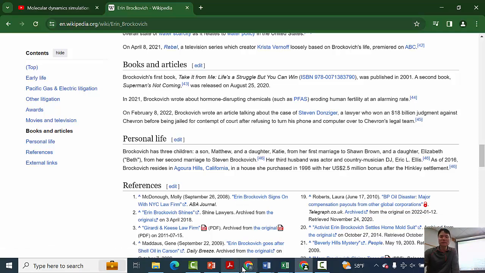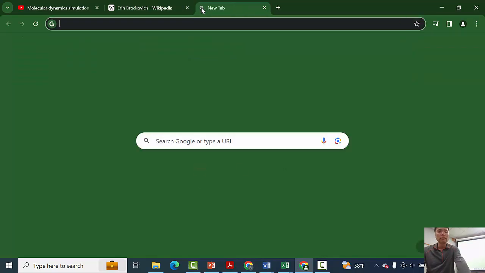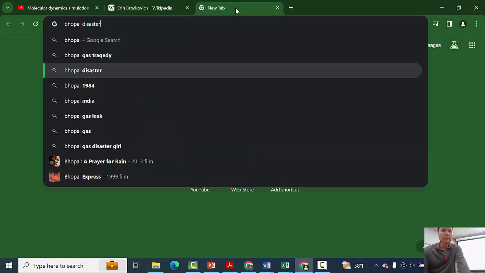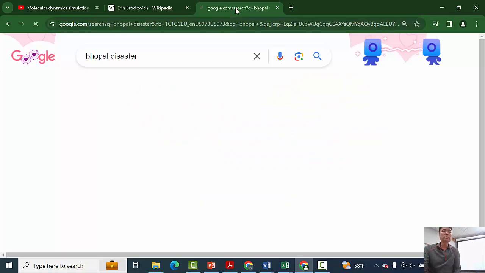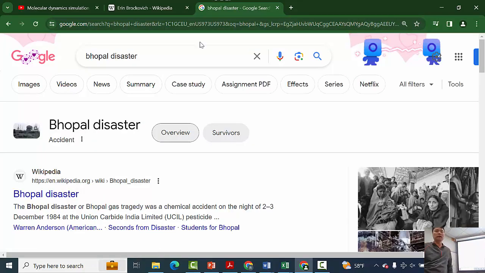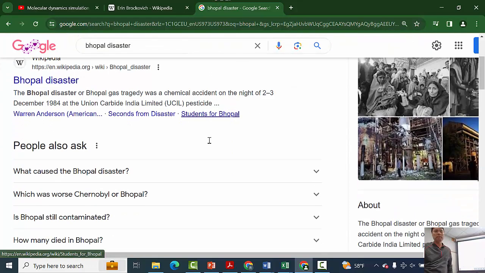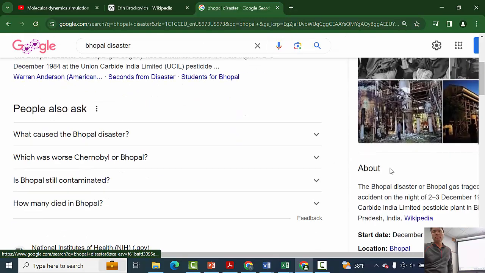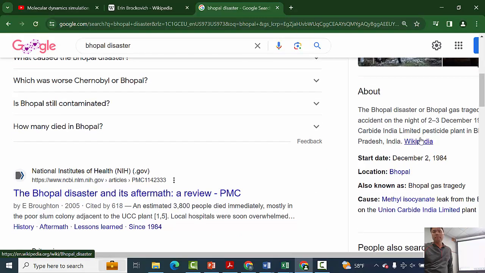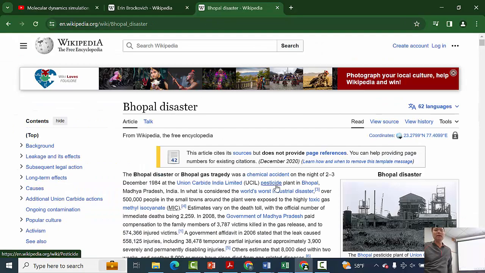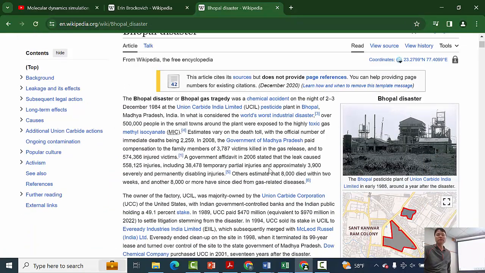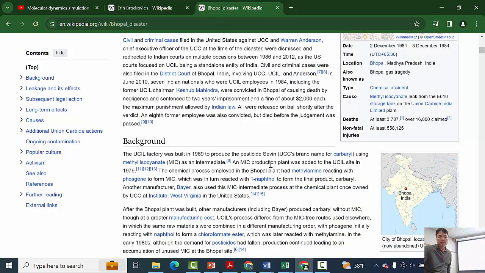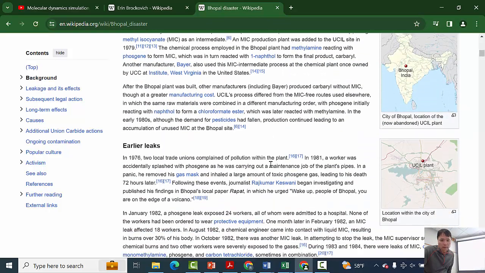This is probably too long ago for you guys, but Bhopal. This is the worst industrial disaster in the world, I think. It's a lab leak, methyl isocyanate gas. And how many people died?